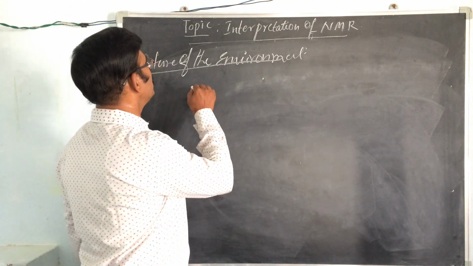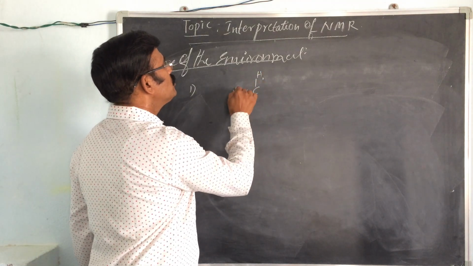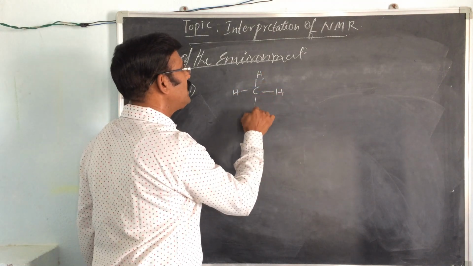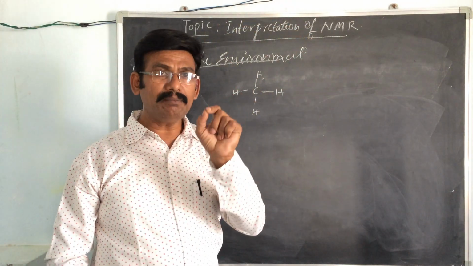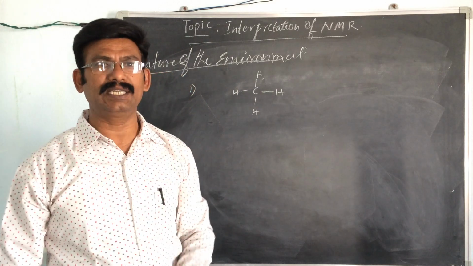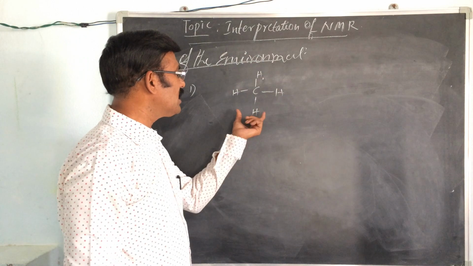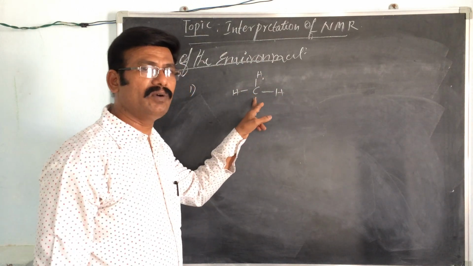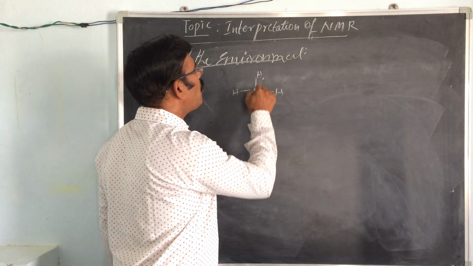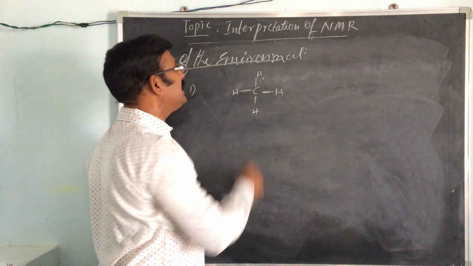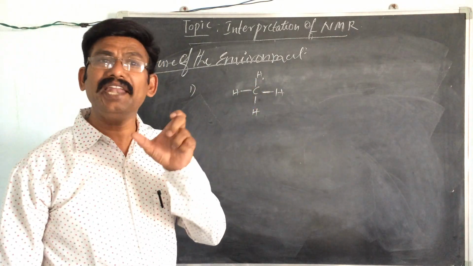The first example is methane. What is its nature? In proton NMR we are targeting the identification of the hydrogens. Here the 4 hydrogens are equivalent, at the same distance from the carbon atom, so a single environment is there.